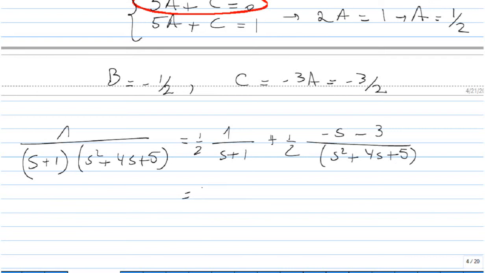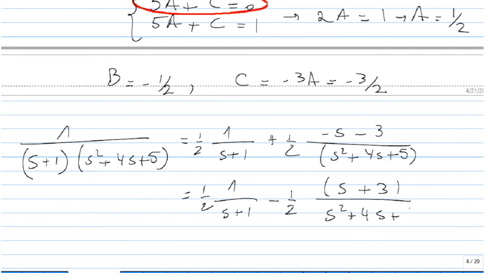So I can take the minus out: 1 over s plus 1 minus 1 half times s plus 3 over s squared plus 4s plus 5.